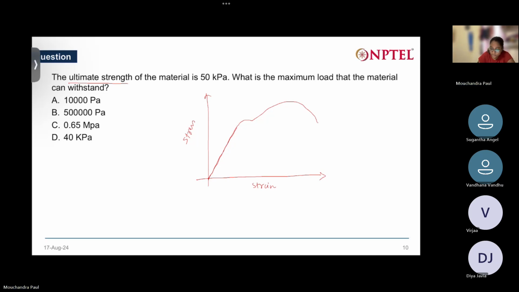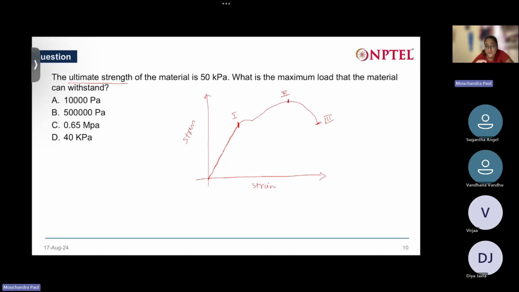So I'll give some points somewhere. So these are 3 points. 1, 2, 3. Which of these points in this curve correspond to the ultimate tensile strength or ultimate strength? Point number 1, because after that it is the plastic region where material undergoes deformation.